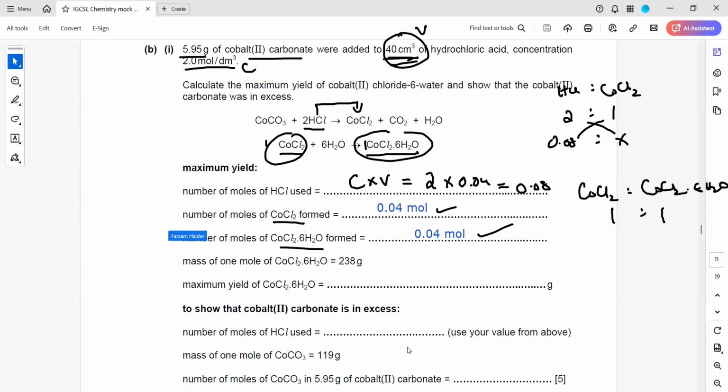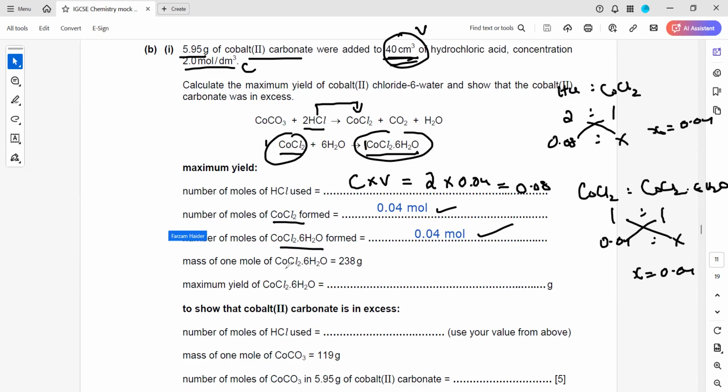We have cobalt chloride 0.04. How much hydrated will be there? X, cross multiply. So how many moles will we get? We'll again get 0.04 moles.